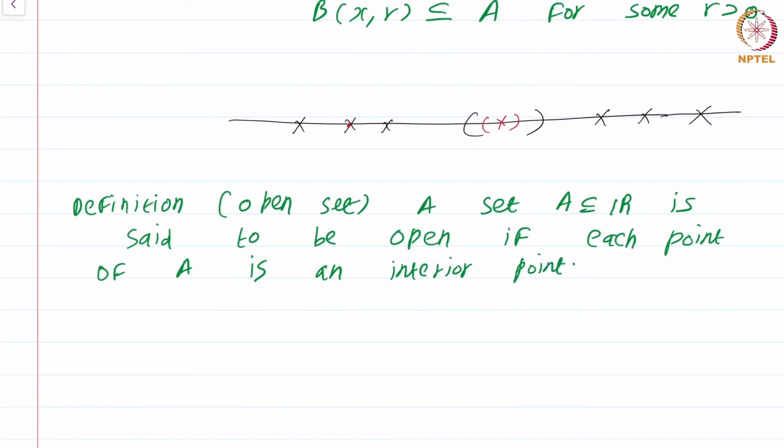Okay, let's give one example at least. Example: any open interval (a, b) is an open set.